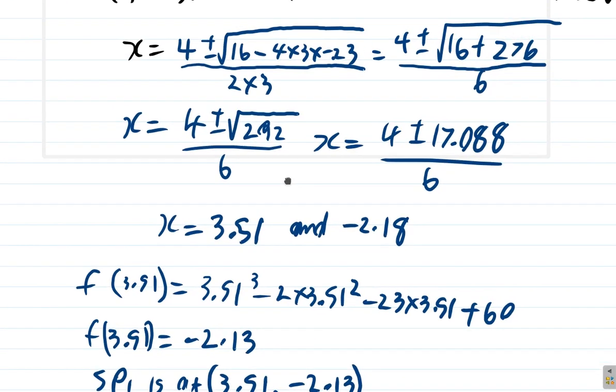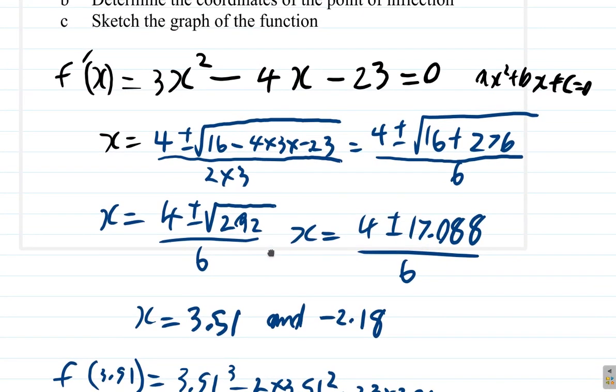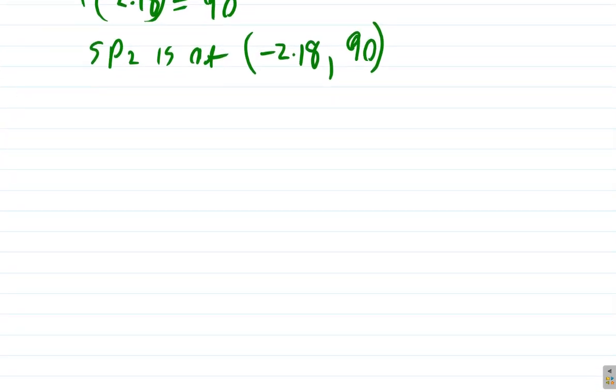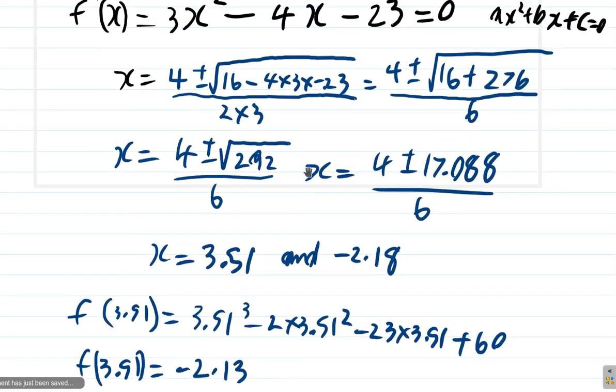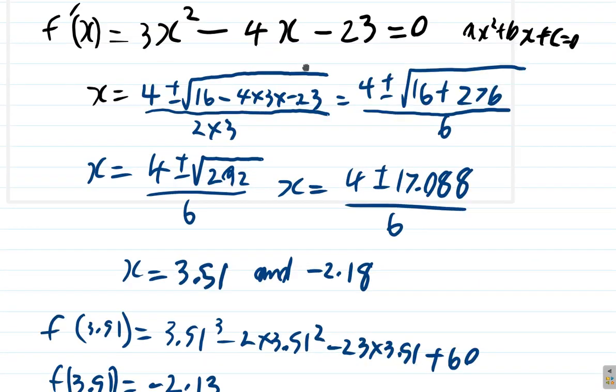We have f prime x, the first derivative, being 3x squared minus 4x minus 23.